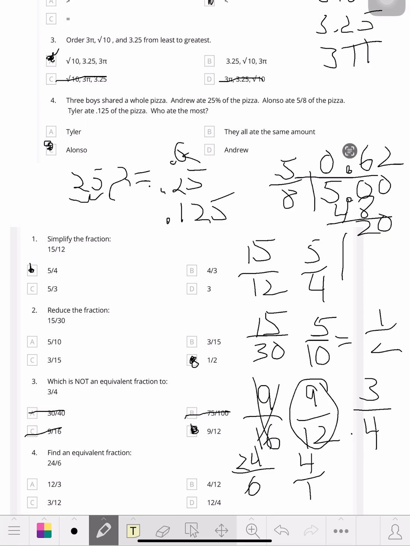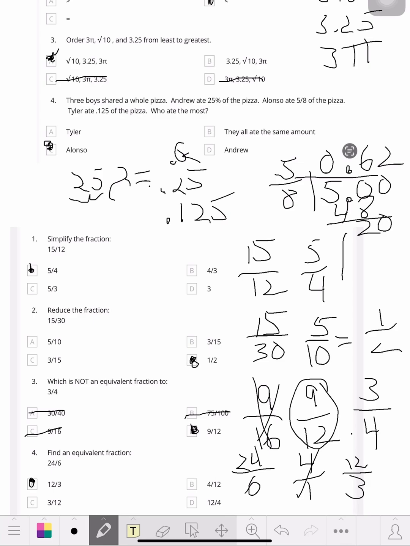So hey, let's start with A. If we took 24/6, if we divide it by 2, what would we get? We get 12/3. So that's 12/3. That one works. You know 3/12 ain't going to work because quick math tells you you're looking for 4 as the answer.